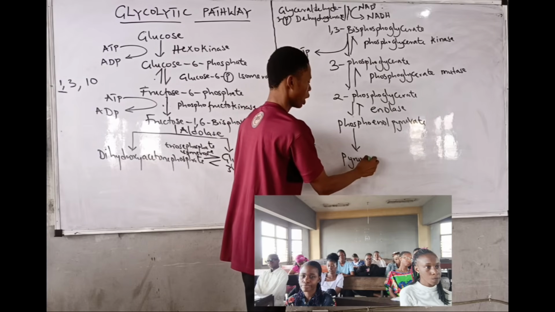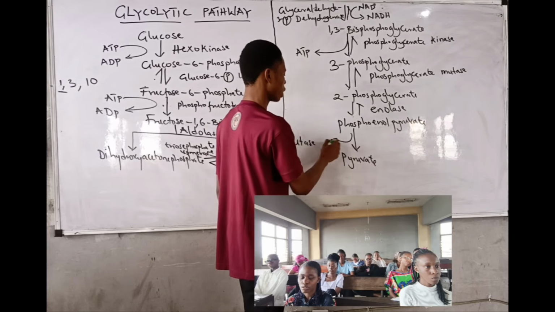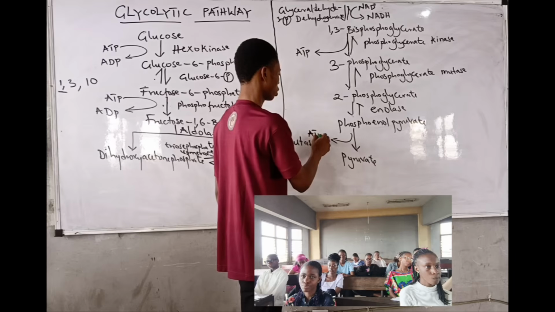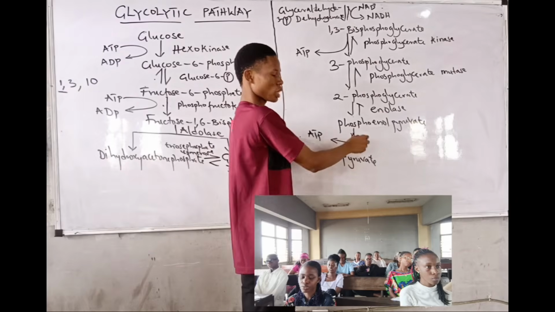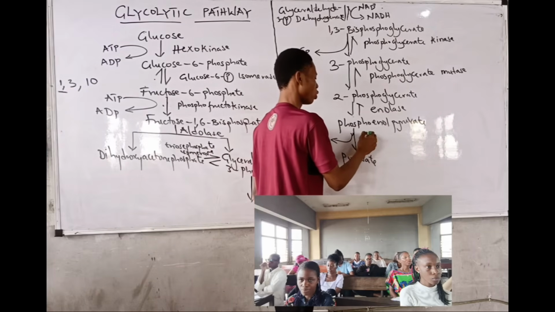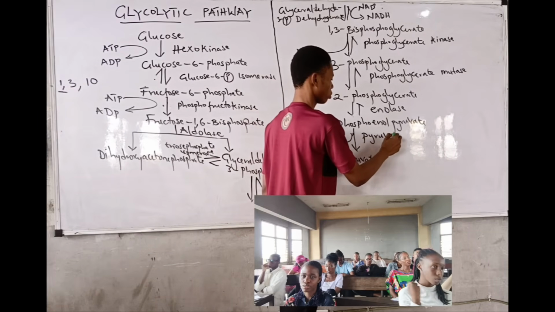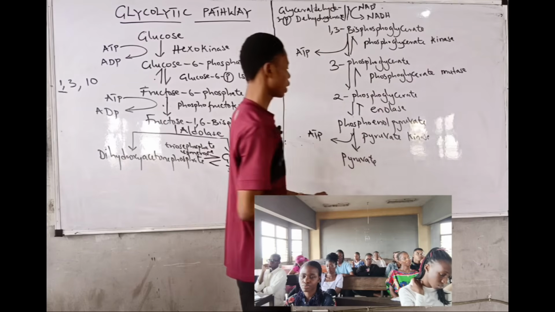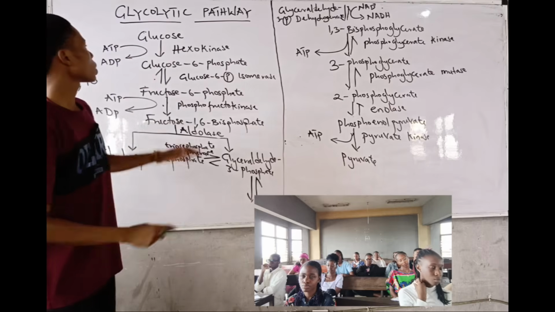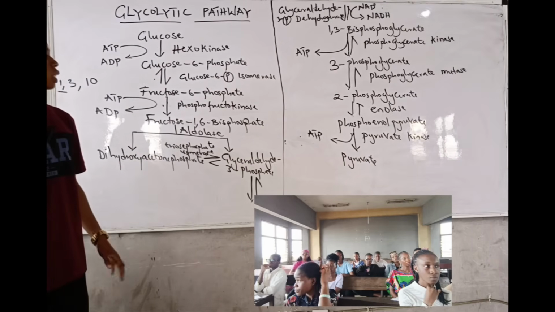Pyruvate. And here also one ATP has been produced, right? Good. What's the name of this enzyme? There's a transfer of phosphate group. Pyruvate kinase, right? Pyruvate kinase. Good. So this is the glycolytic pathway.